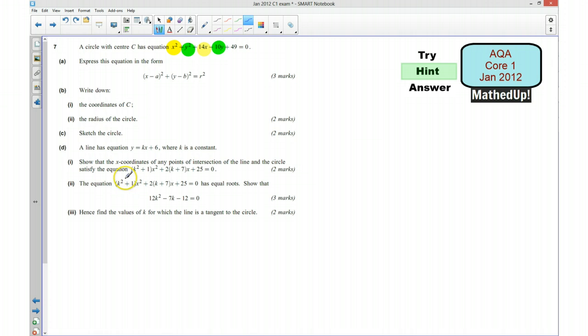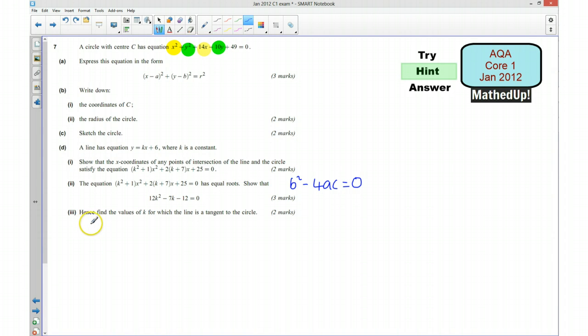Now we know what the values of a, b and c are, and we need to remember that if it has equal roots, then b squared take away 4ac must be equal to 0. So using that information, we should be able to get it into that form there.